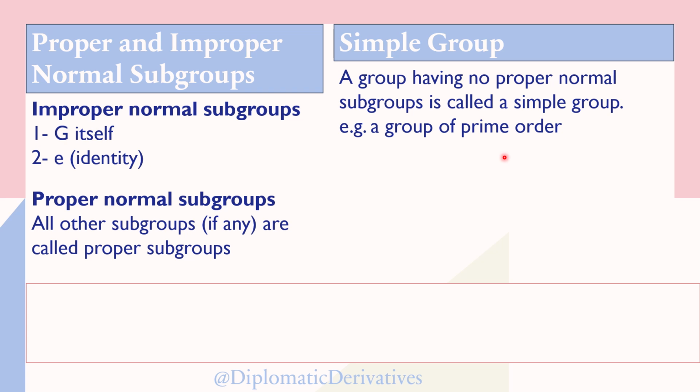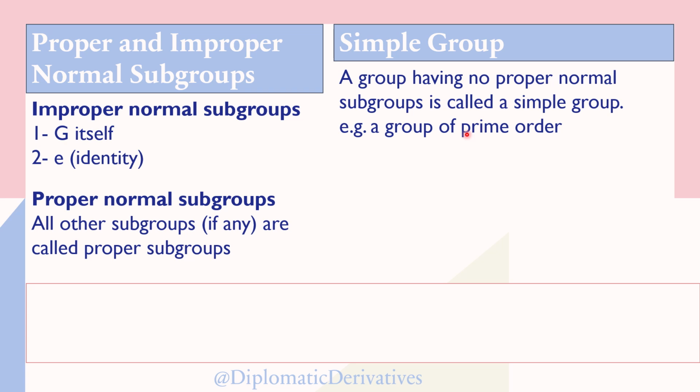Let's suppose the order of a group is 7. It will not have any proper normal subgroup, okay? How do we show this for a group of prime order? We can also prove it with the help of Lagrange's theorem. Now, what does Lagrange's theorem say? We did a video for this as well.